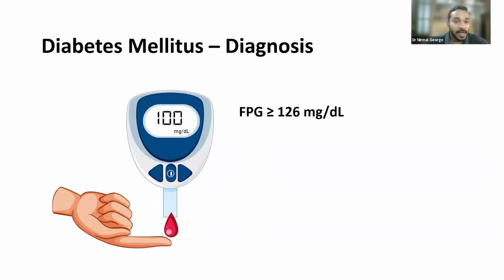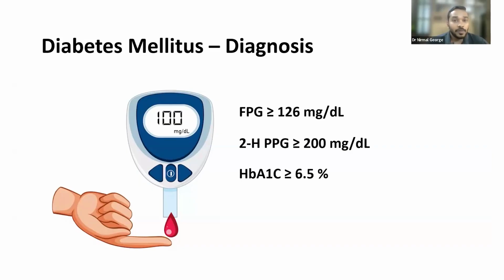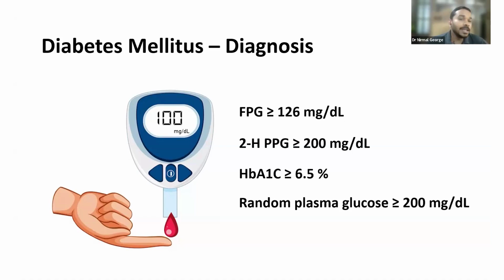If the person is having a fasting plasma glucose of over 126 milligram per deciliter, or a 2-hour postprandial plasma glucose of 200 milligram per deciliter, or a glycosylated hemoglobin, that is HbA1c, of over 6.5, or a random plasma glucose of more than or equal to 200 milligram per deciliter plus symptoms of diabetes mellitus, then he can be considered as a diabetic. If the person satisfies any of these conditions, he can be considered as diabetic.